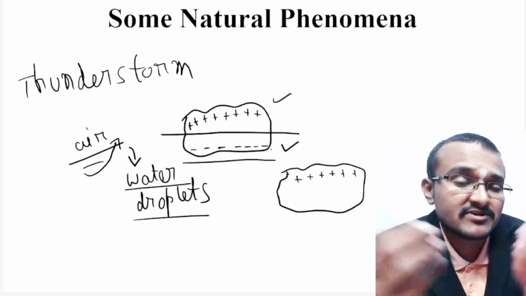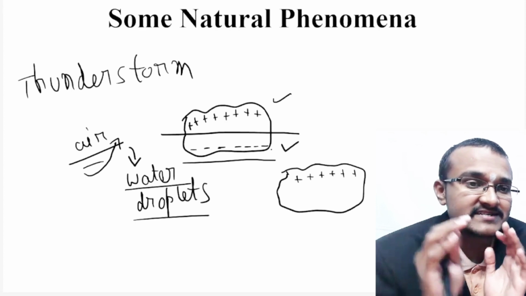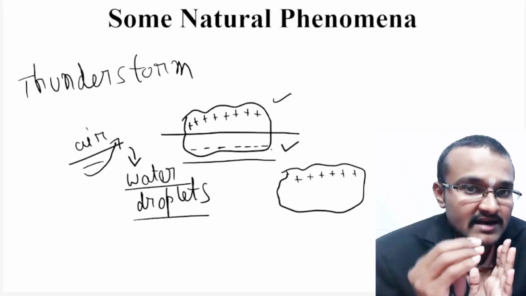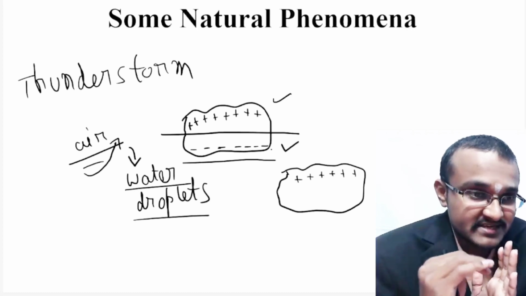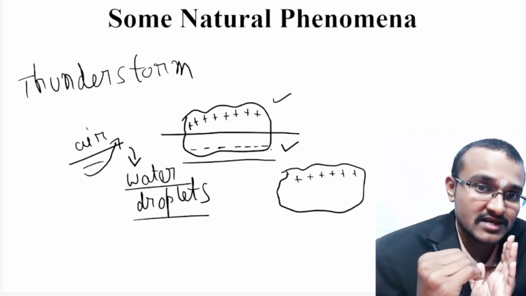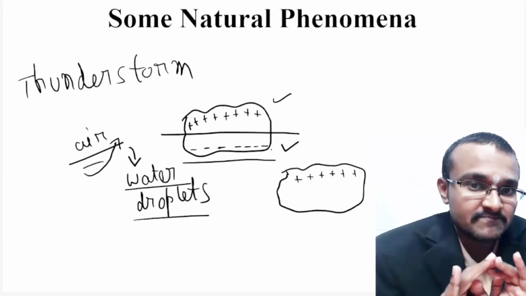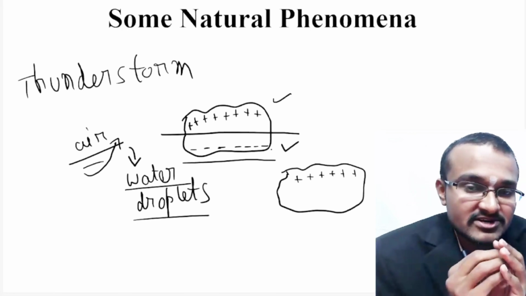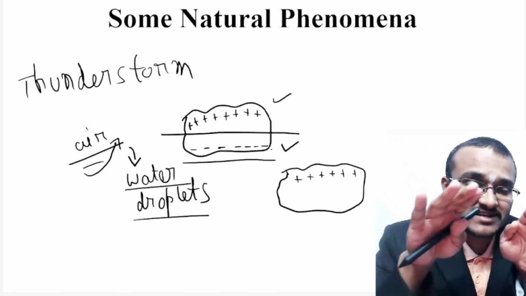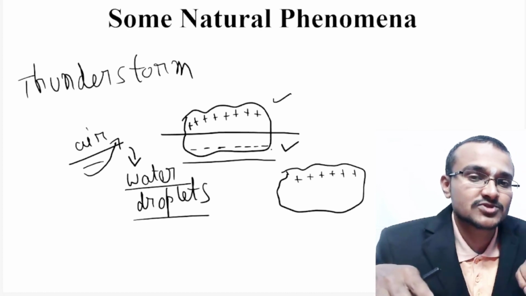For example, if you are staying inside a closed vehicle like a car or bus, you should close all the windows of that vehicle and sit inside it. If lightning strikes the vehicle, the charges will transfer through the outer surface of the vehicle and get discharged to the earth's surface.